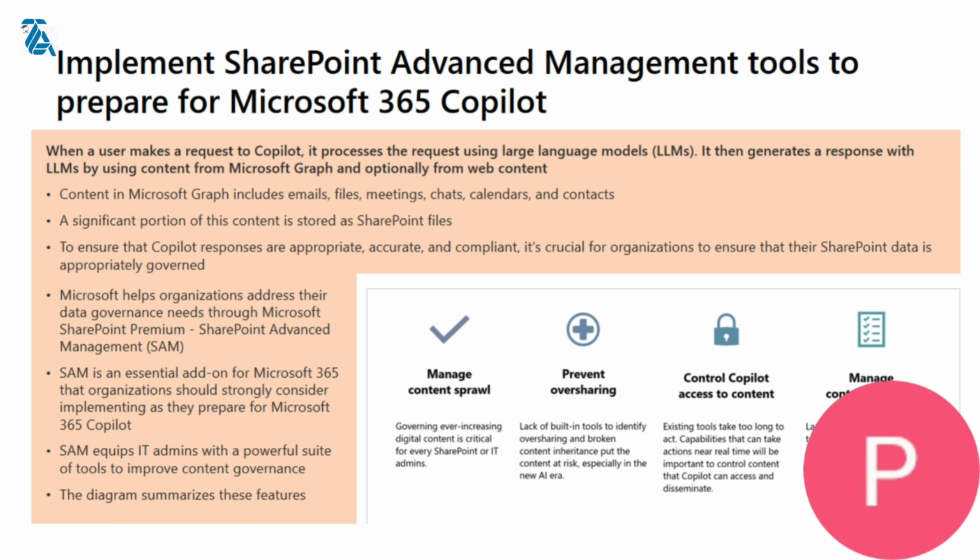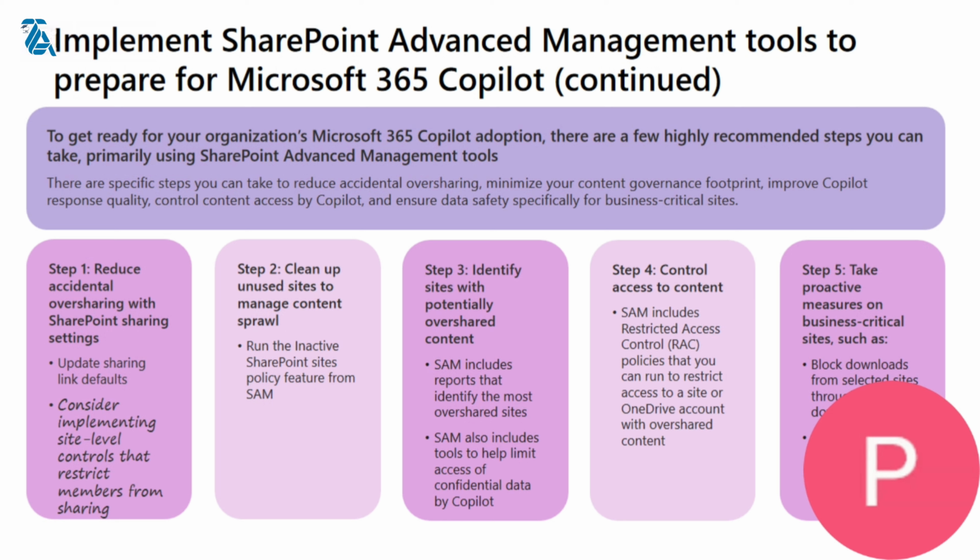It gives a powerful suite. What it mainly helps with is oversharing. It controls who has access to Copilot, and content sprawl, right? There might be a lot of sites within SharePoint, so who has access to which sites, all this governance is in there.